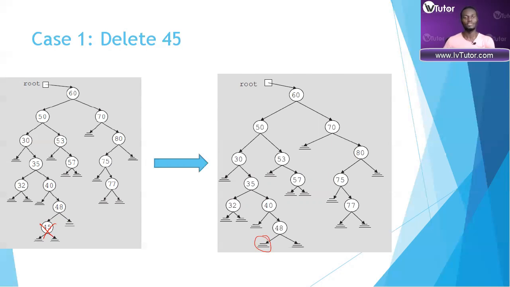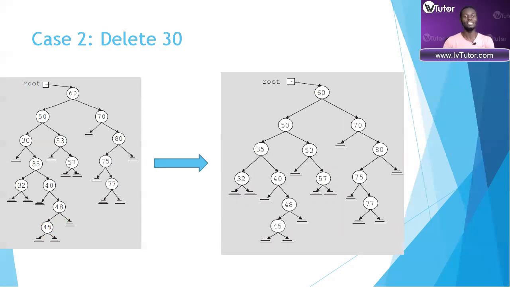The next case, case number 2, is where you only have a right subtree. Like in this case, if we try and delete node 30, it doesn't have a left subtree, it's only the right subtree. So in order to delete this node 30 here, you need to take the link of its parent and link it to its right tree.